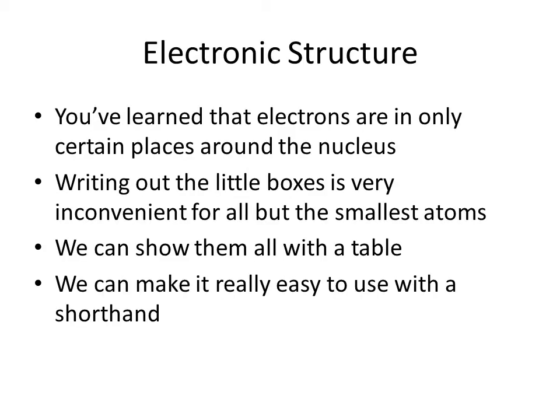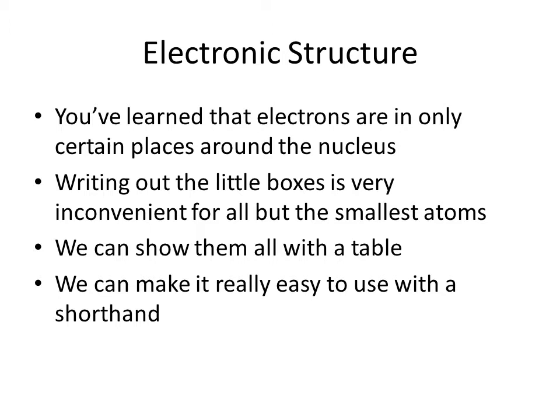Let's learn how to write this electronic structure that we've learned about in a shorthand. We've learned that electrons are only in certain places around the nucleus, and we've learned how we can write these little boxes identifying the sublevels and orbitals that the electrons stay in.